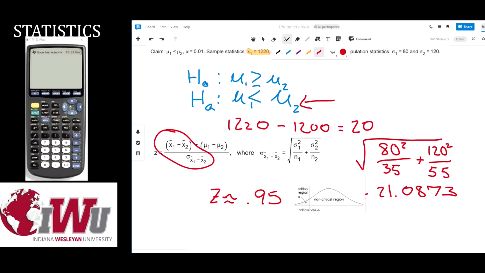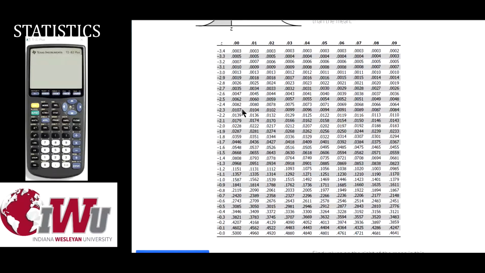Let's get a Z table up. Here we go, and we are looking for 0.01. We see 0.017429. It's somewhere in between here, but for our sake, we're not going to do exact.